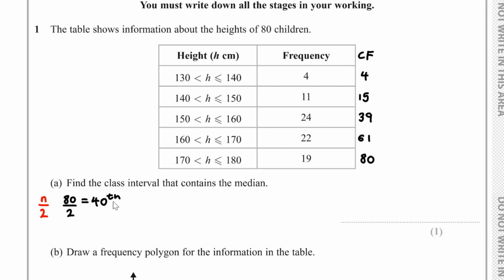So the 40th value lies in between here and here. Of course, we take the next one up, so therefore we can see that the median lies in this interval here. So the median is 160 is less than h, which is less than or equal to 170.